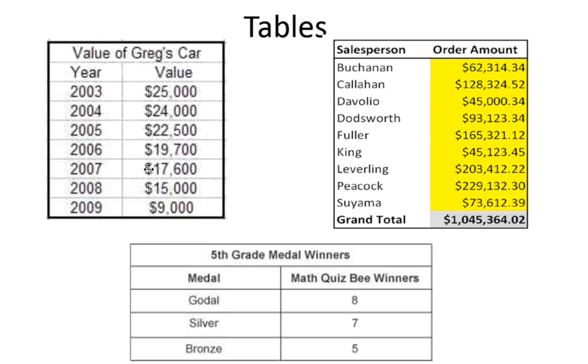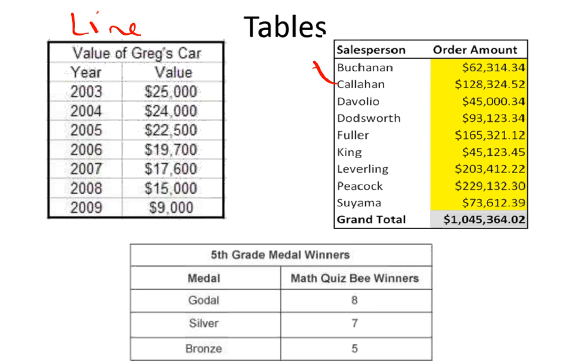Here are some tables, and real quick, what do we use? So the value of Greg's car, what would we use to show that? I think the best thing for that would be a line graph because it would show progression. What about these salespeople?